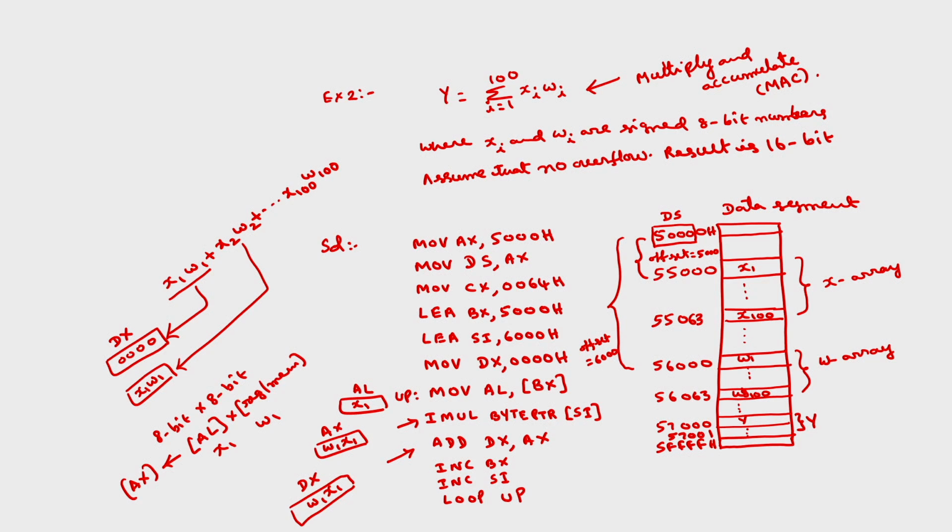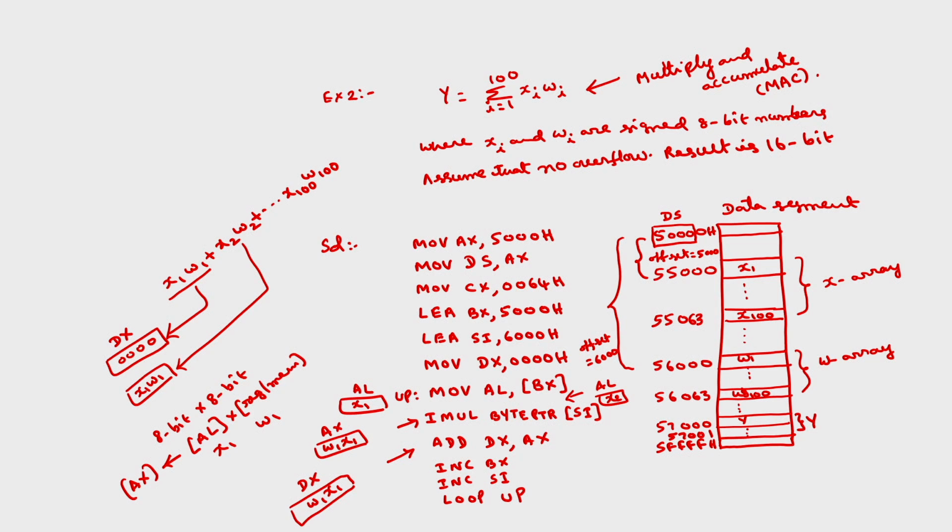So the 5001 contents, means 5001 is offset of x2. So here x2 will be taken into AL in the second iteration, and here IMUL byte PTR SI. Okay. SI was 6000, after one increment 6001, the offset 6001 will be the W2 value.